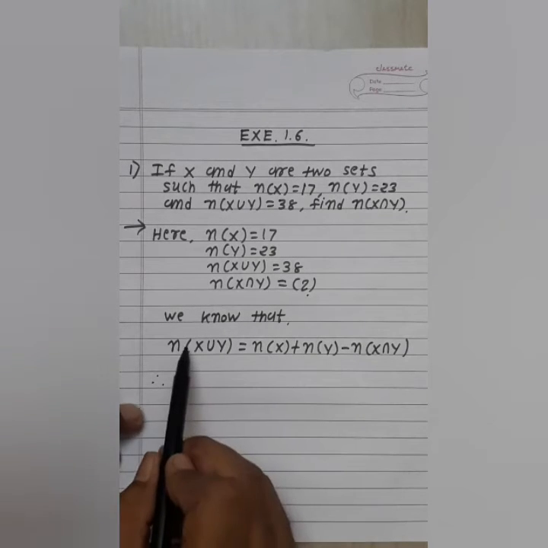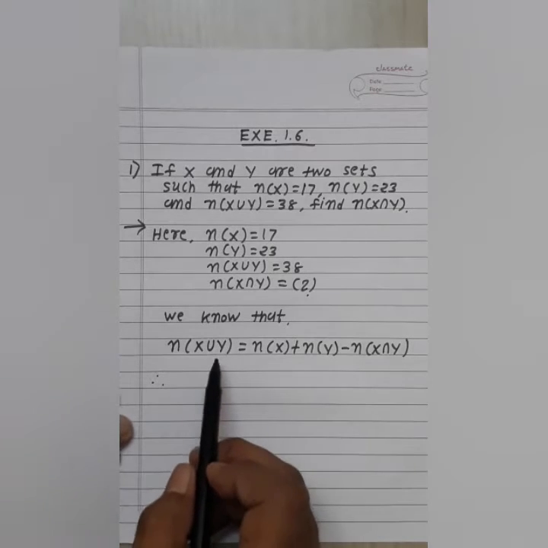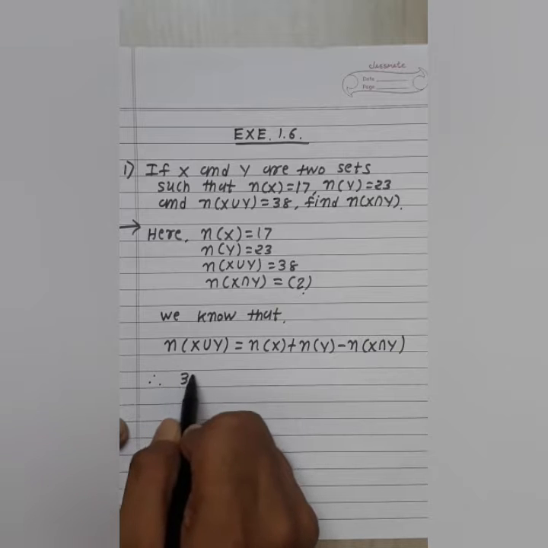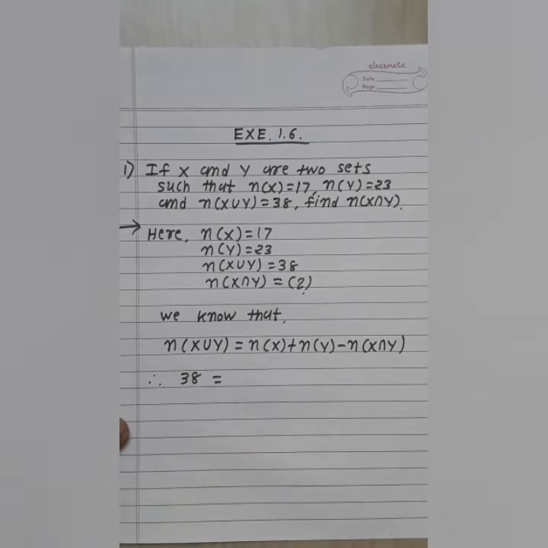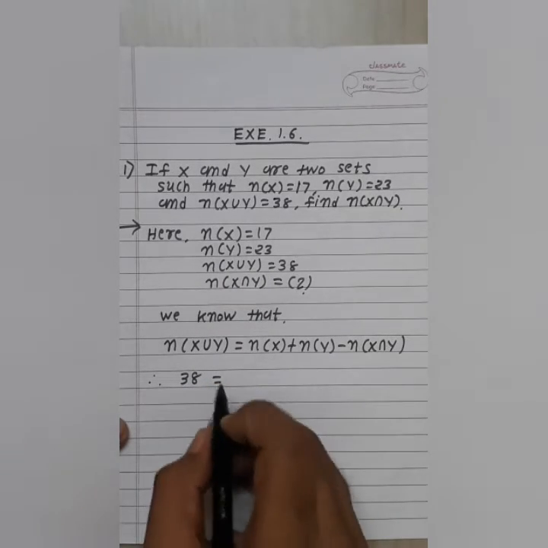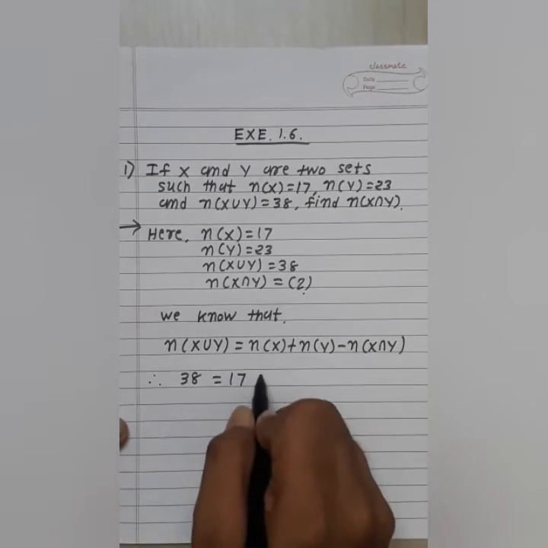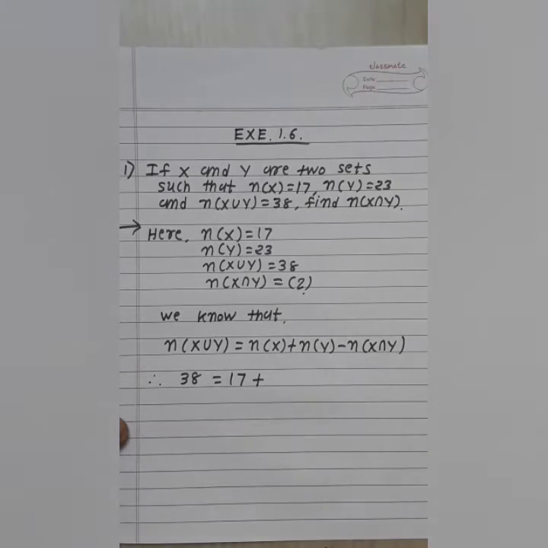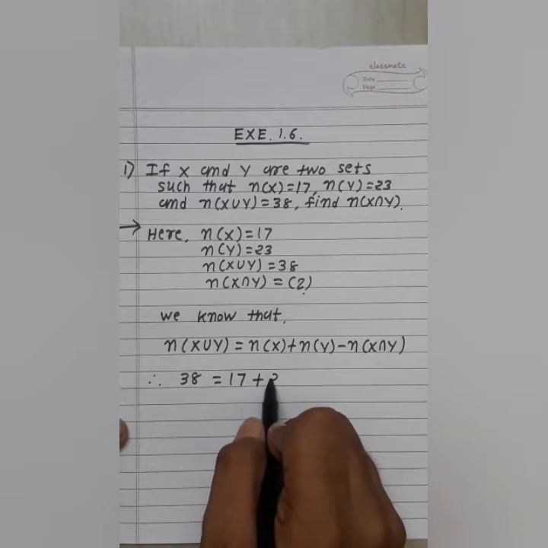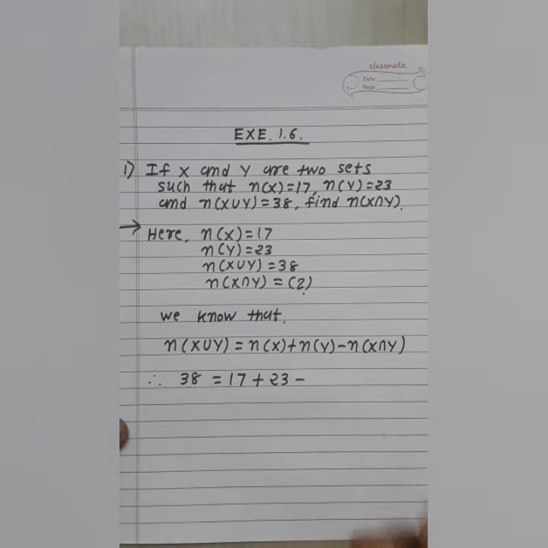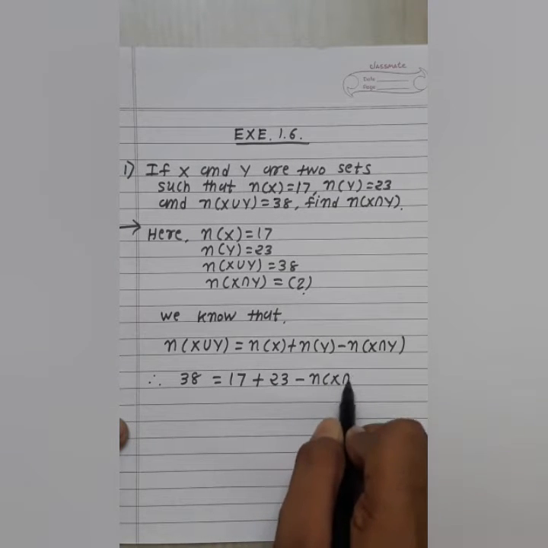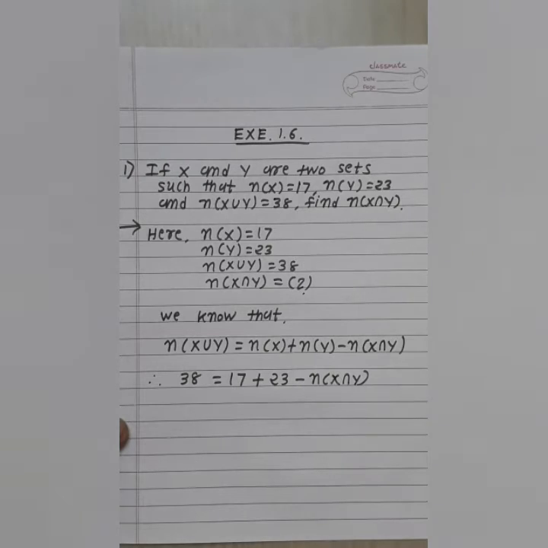Therefore, in place of n of x union y write 38, is equal to n of x, the value of n of x is 17, plus n of y, in place of which write 23, minus n of x intersection y. This data is not given.